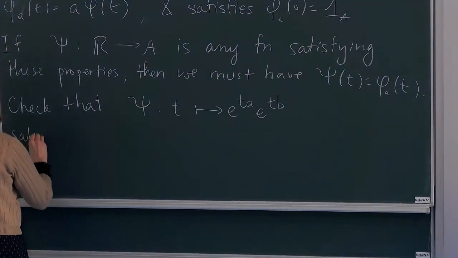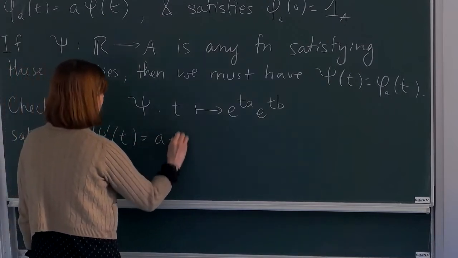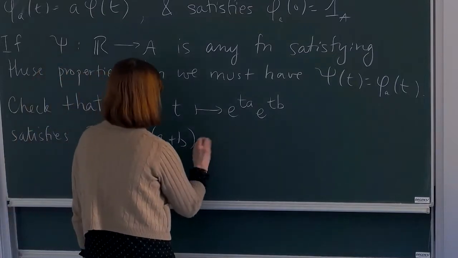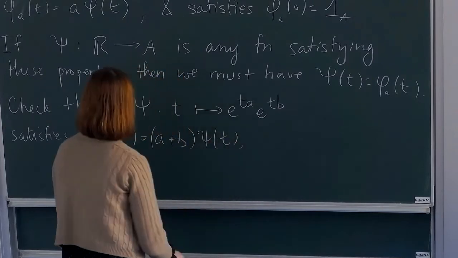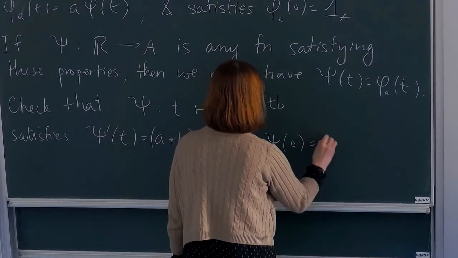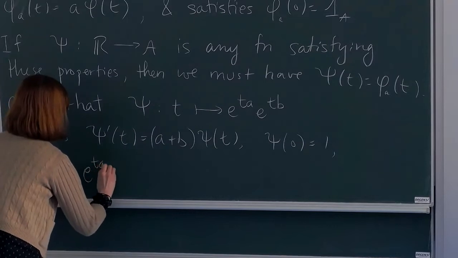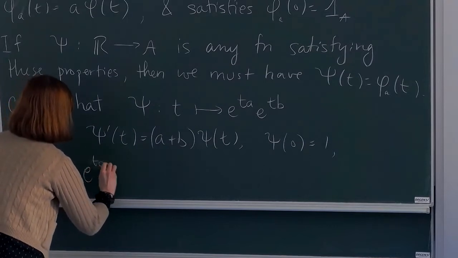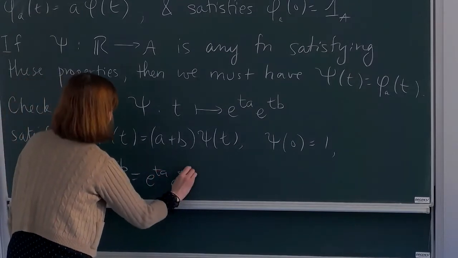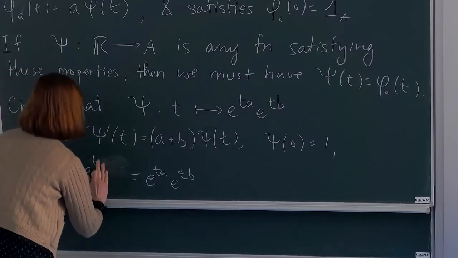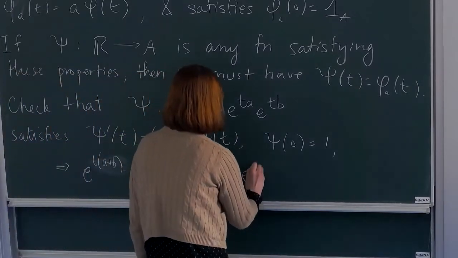So we want that the derivative will be A plus B times e to, well, t times A plus B. And at 0, it will be 1. So we can conclude that indeed this is just the exponential function applied to A plus B, I guess. That's this. So in particular, we get the desired result.